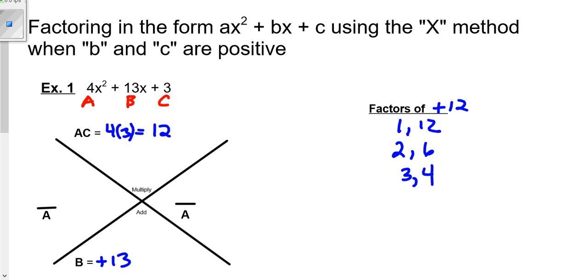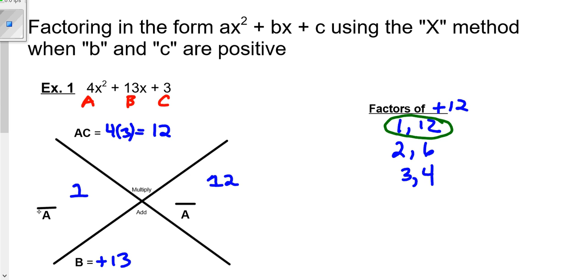Now, when we add those factors together, 1 plus 12 is 13. And it just so happens your middle term is 13, so that's the 2 factors we're looking for. And we're going to fill them over here on these 2 missing parts of the x. So right here, I'm going to put a 1, and over here, I'm going to put a 12.